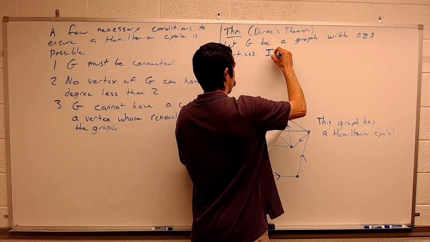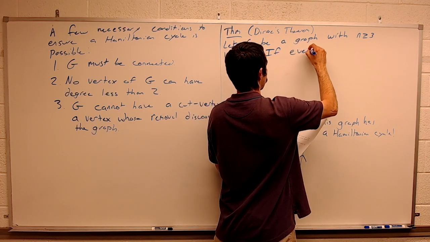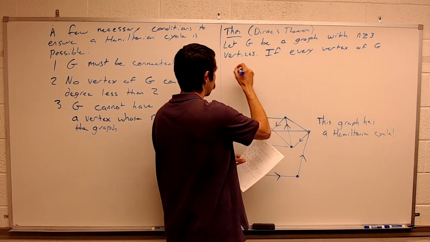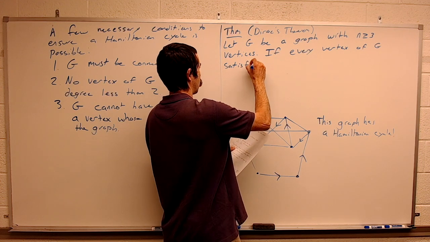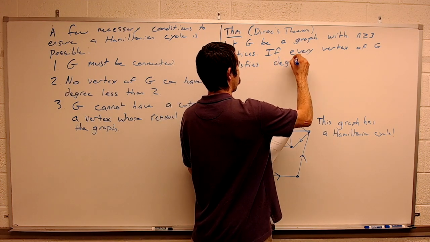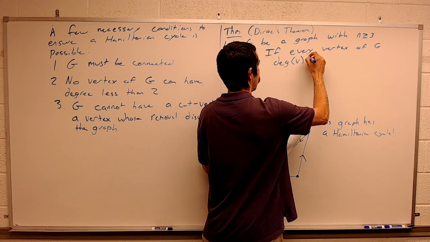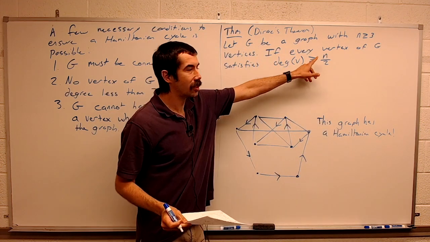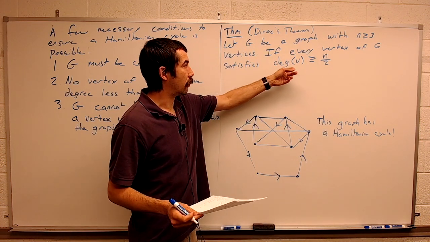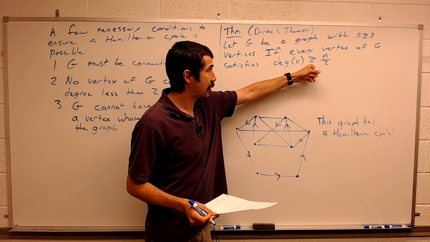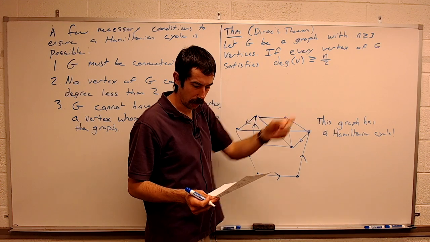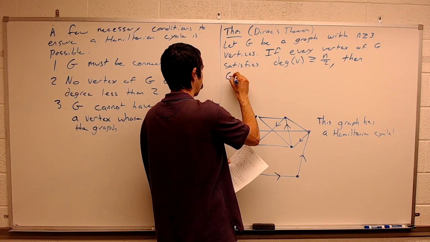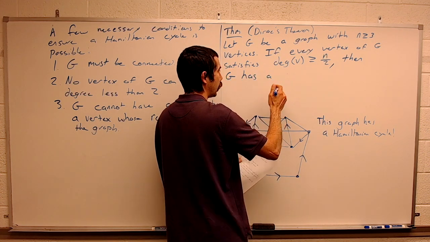If every vertex of G satisfies that the degree of the vertex is greater than or equal to n over 2. All right, n here's the number of vertices. So if the degree of each vertex is at least n over 2, the theorem says then G has a Hamiltonian cycle.